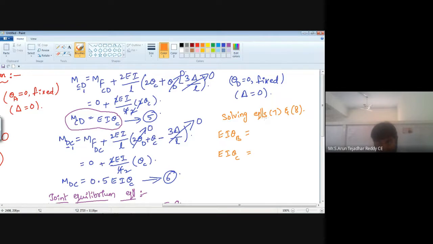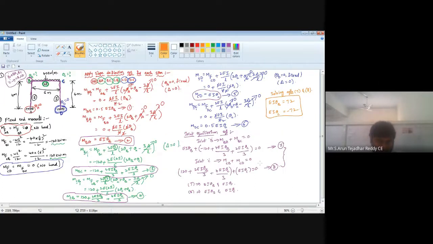All of you solve these two equations, then you will get values. Here I'll write my direct values. One is 72, the other one is minus 72. So after solving equations 7 and 8, the values are 72 and minus 72. So the solving process is your homework. All of you do it yourself at home.